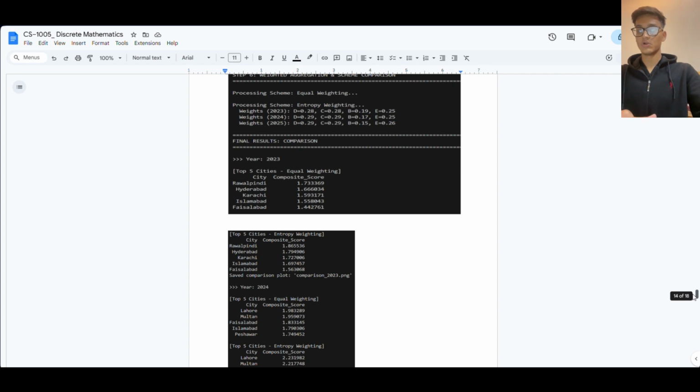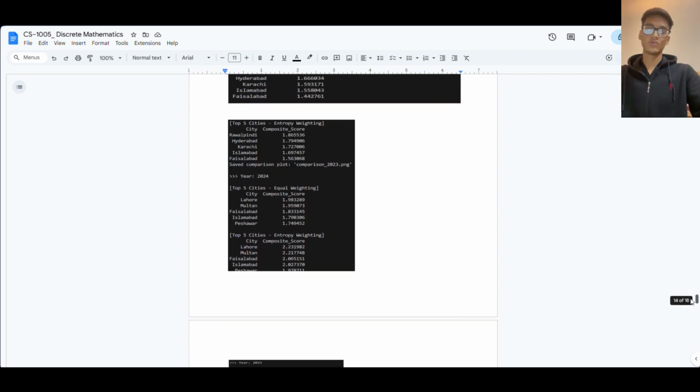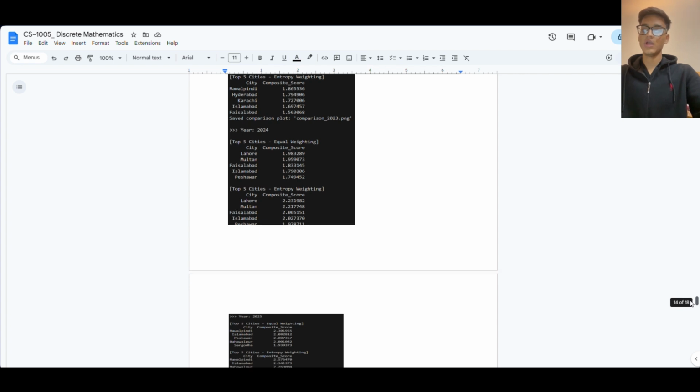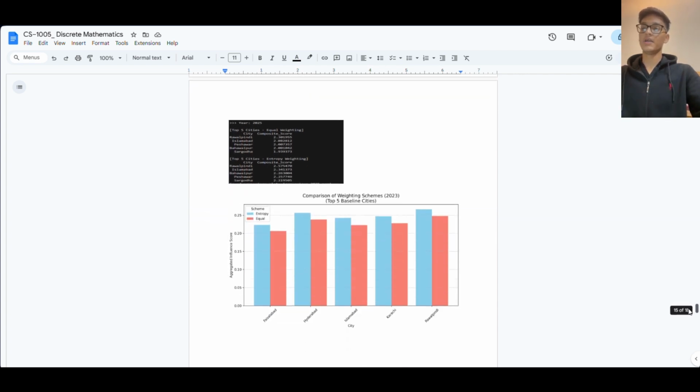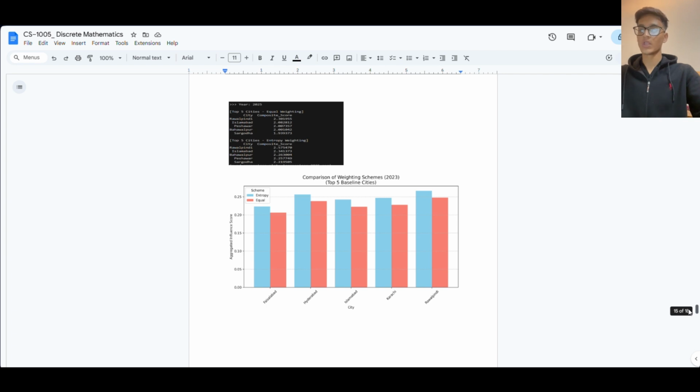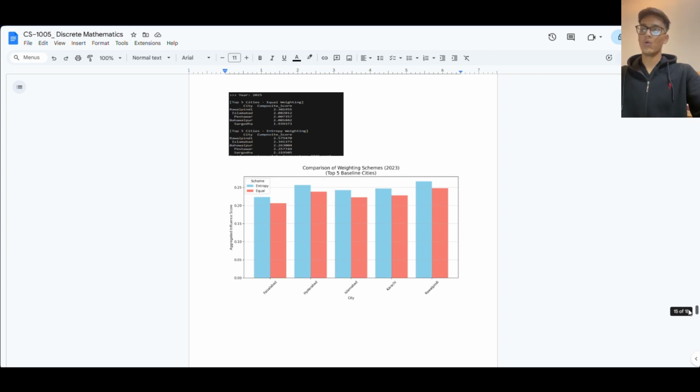Now, when we talk about the final rankings, which we have shown in the bar chart comparison, we aggregate the centralities across all categories and compute the final influence scores for each city. The bar chart that we have attached below compares the top 5 most influential cities under equal weights and entropy based weights.